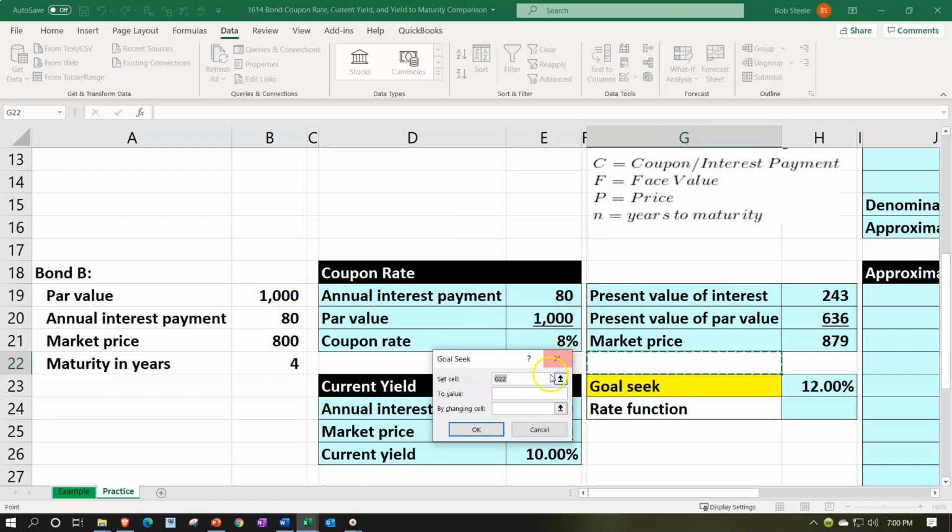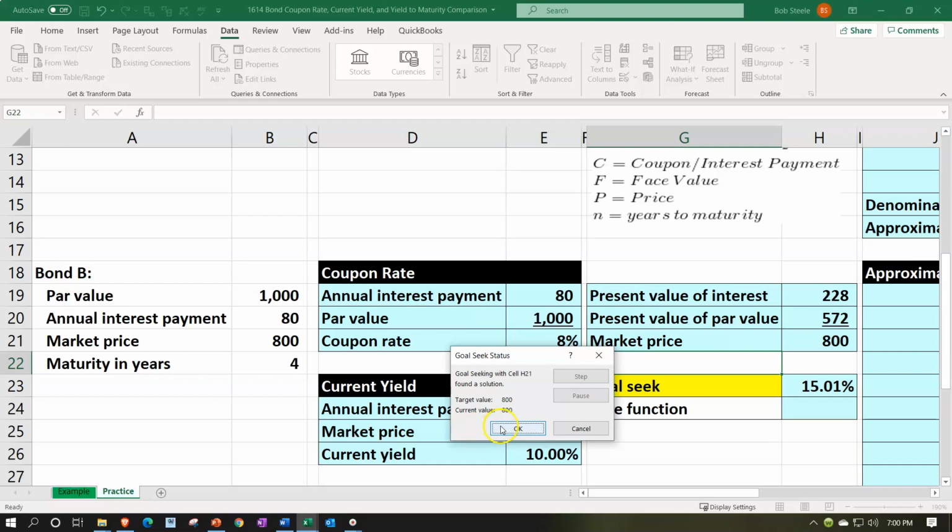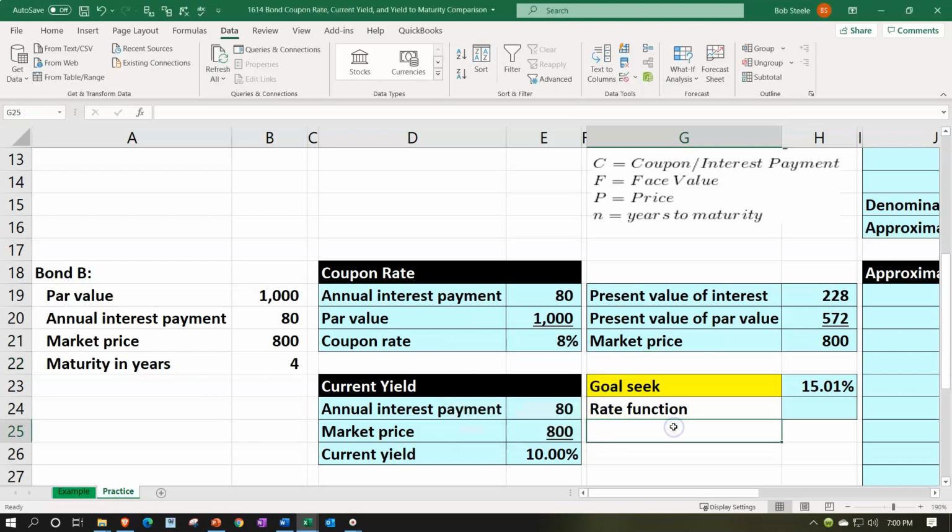We seek the goal to set this cell to be equal to $800 by changing this cell. So we're saying, hey Excel, would you please make that 12%, whatever it needs to be to get that market price to what I know it should be, which is the $800 market price over here. And so we're going to say okay, and Excel just does it like the snap of the fingers. That's how fast it is.